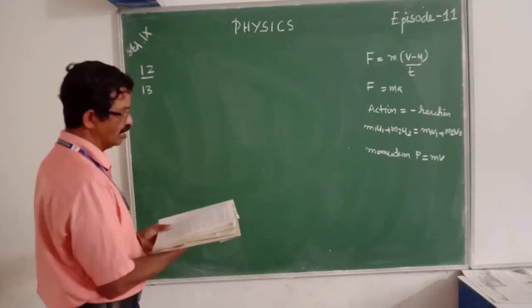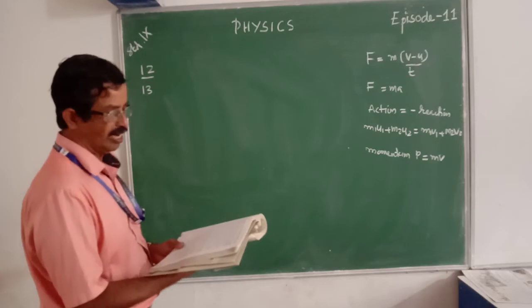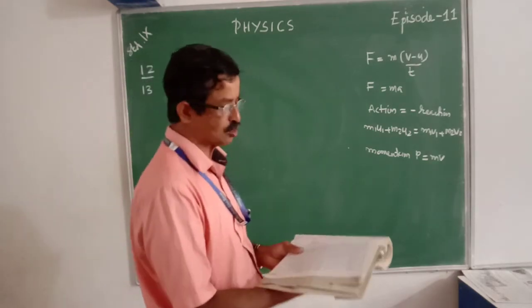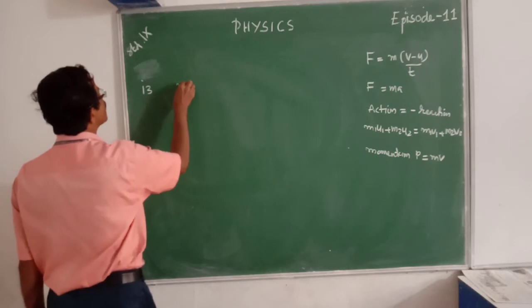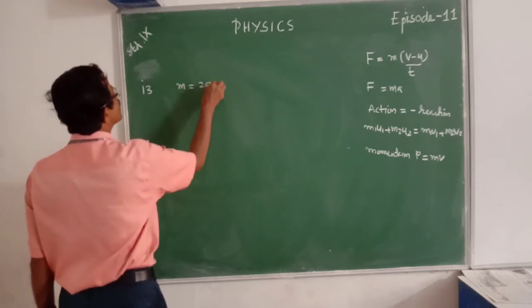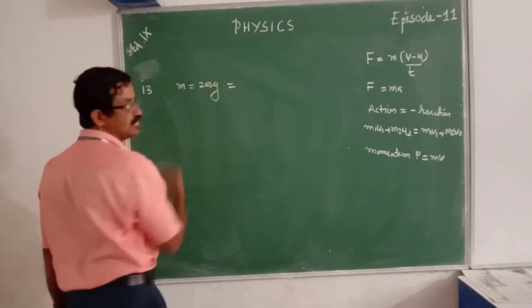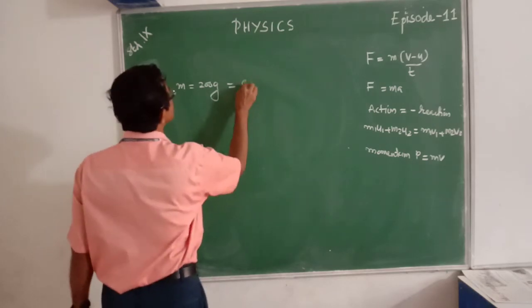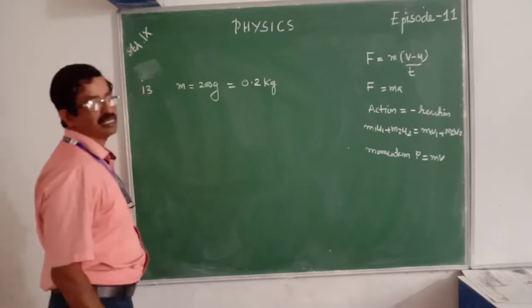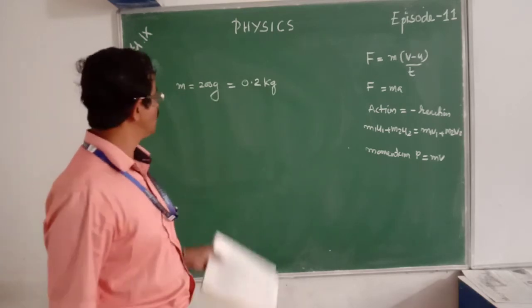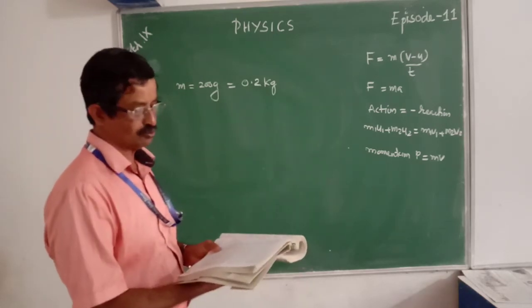Now the 13th question: a hockey ball of mass 200 gram. We can change that to kilogram by dividing by 1000, and we get 0.2.